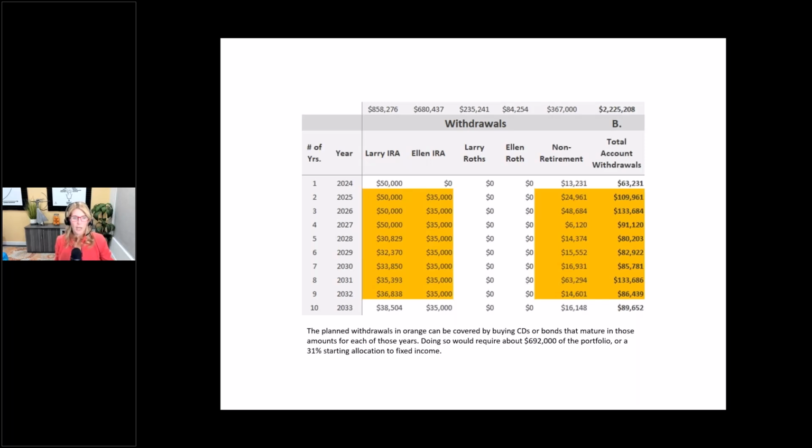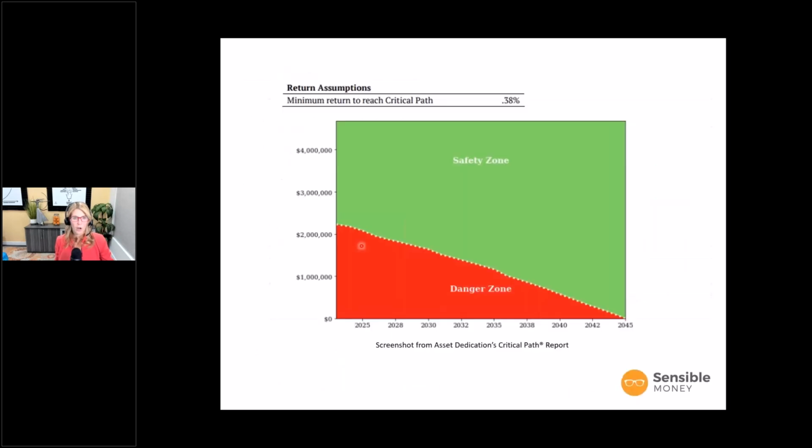And so it's generally a few things. It's, are you ahead of your critical path? There's a second factor that says, is your equity allocation over 60%? And the third factor is your current bond ladder, over or under 8 years in length?